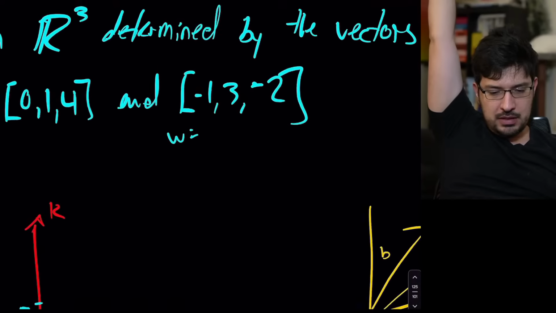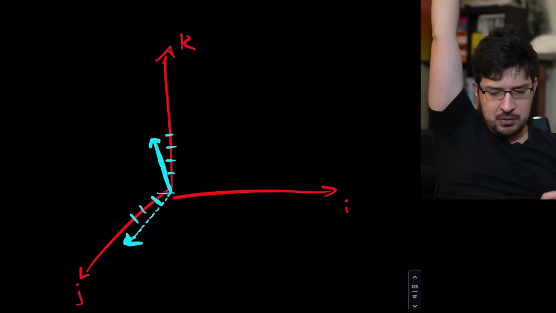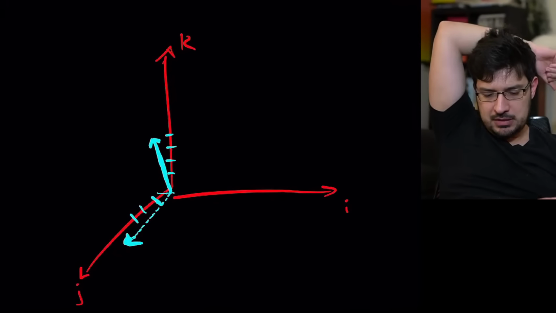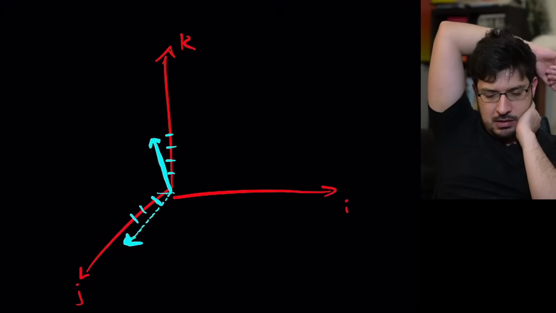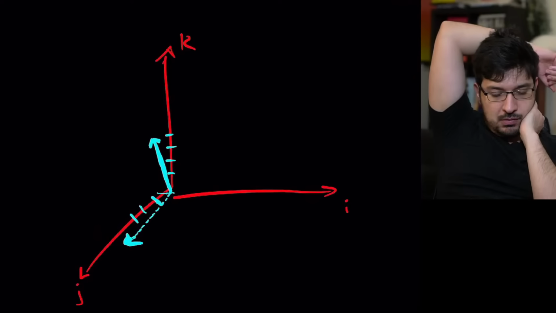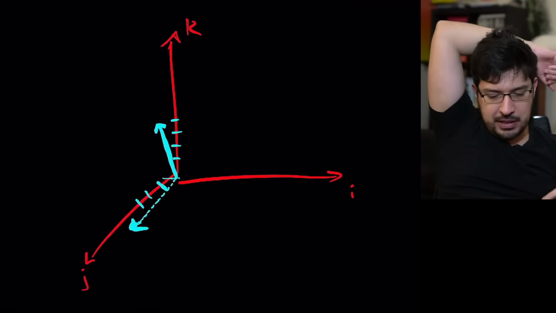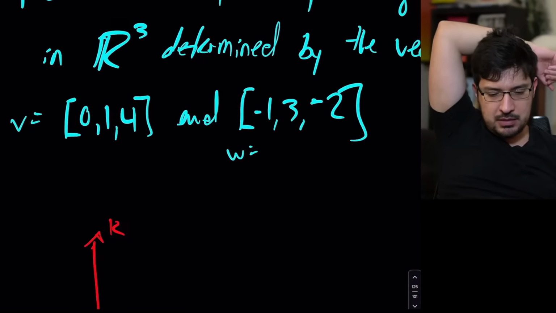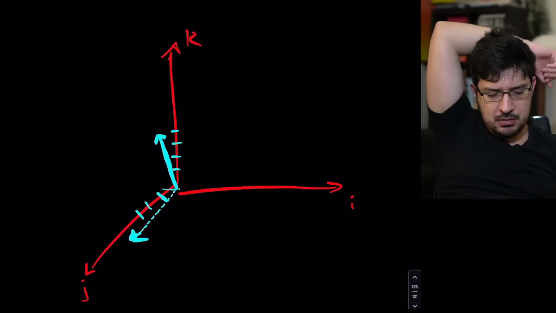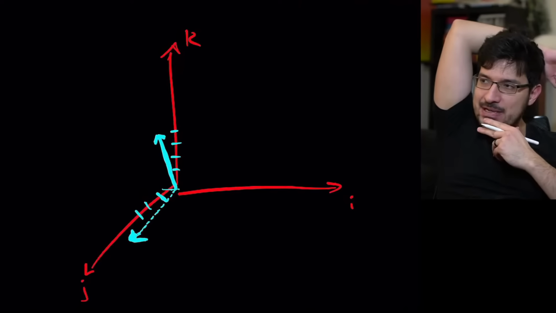Wait. -1, 3, -2? -2, like the -2 component is -2 in the K direction, right? -1 in the I component. Oh wait, -1, +3, J. So I did that correct. I don't know what you're talking about.